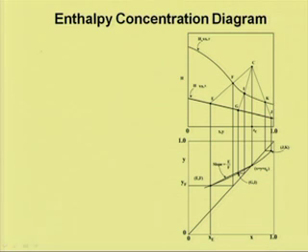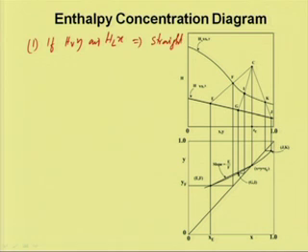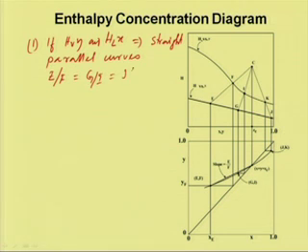Three important observations we can see. One is, if H V y and H L x curves are straight, parallel lines, then the ratio E by F would be equal to G by I would be equal to J by K for adiabatic subtraction.